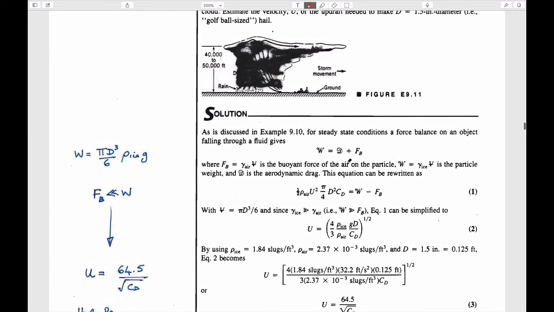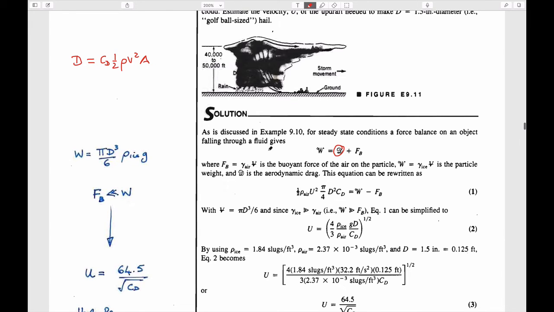You write a force balance. Again, you substitute into this expression the coefficient of drag, which would be that drag force is equal to coefficient of drag multiplied by a half rho v squared times an area.